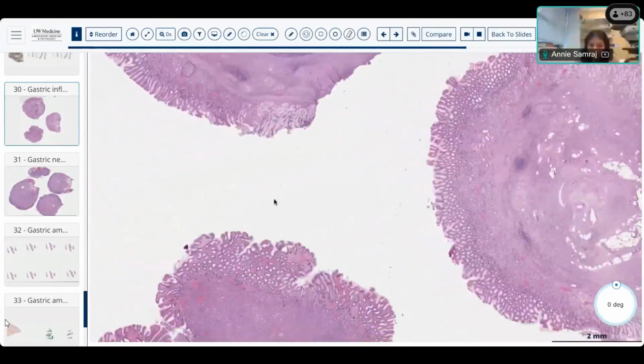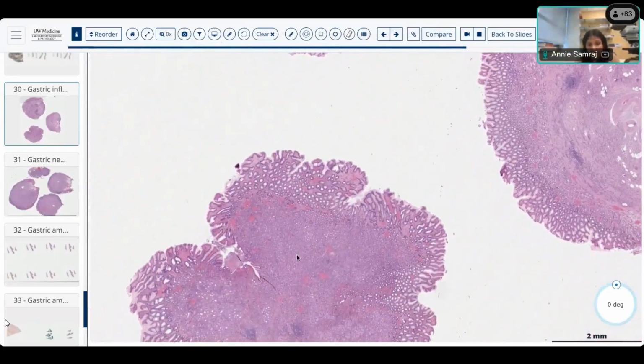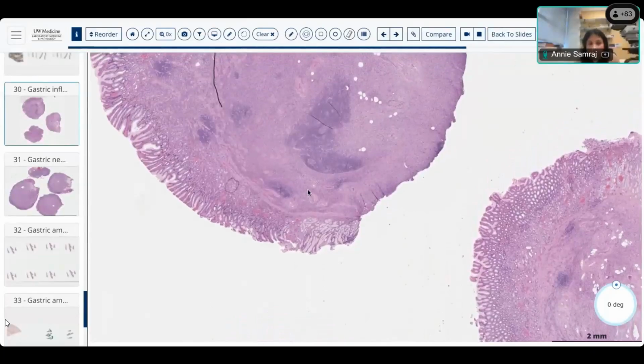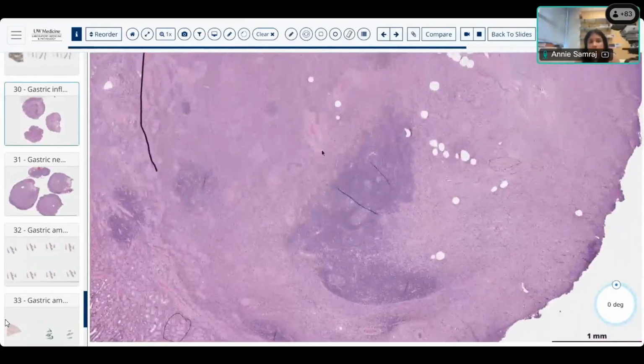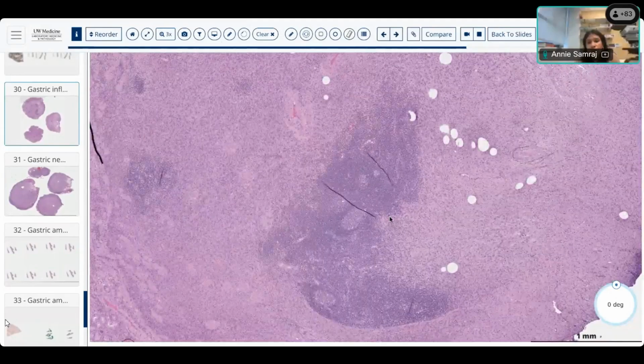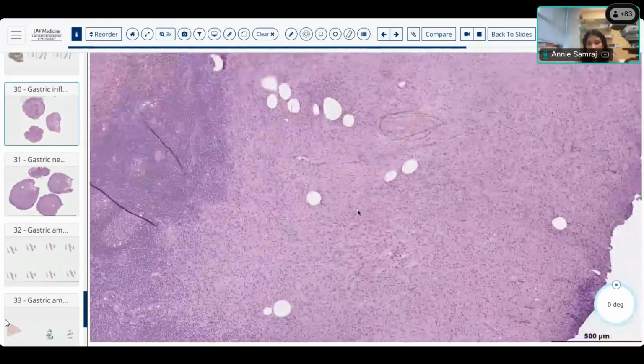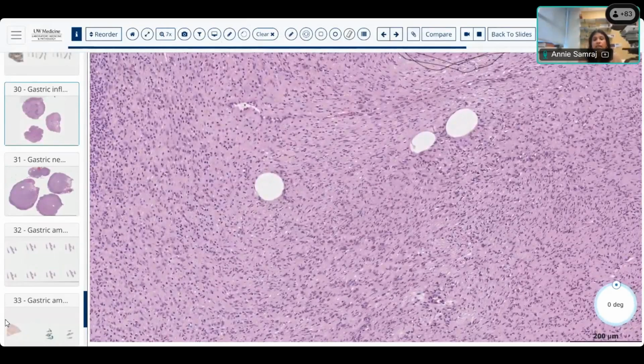And so, I would still get the GIST markers. I would get a CD117, but this one is going to stain. This will light up like a Christmas tree if you do a CD34. So CD34 is for IFP, CD117 and DOG1 for GIST. And whenever you see something spindled like this, it's also a good idea to get an S100 or a SOX10 to rule out schwannoma.